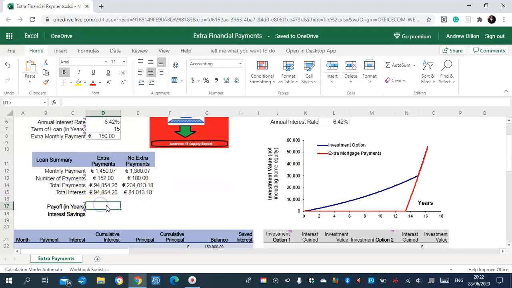So let's move on to the payoff in years. Interest savings next.